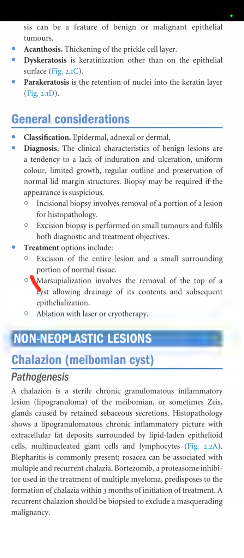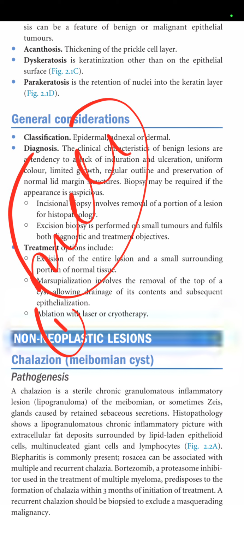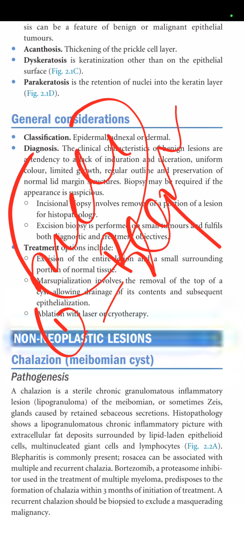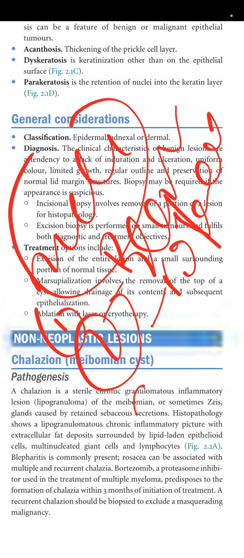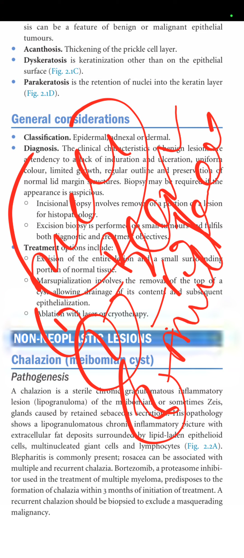So there are certain risk factors associated with the formation of chalazion. One is blepharitis, another is a condition called rosacea, and third, if the patient is on multiple myeloma treatment and is using bortezomib, it can also occur.